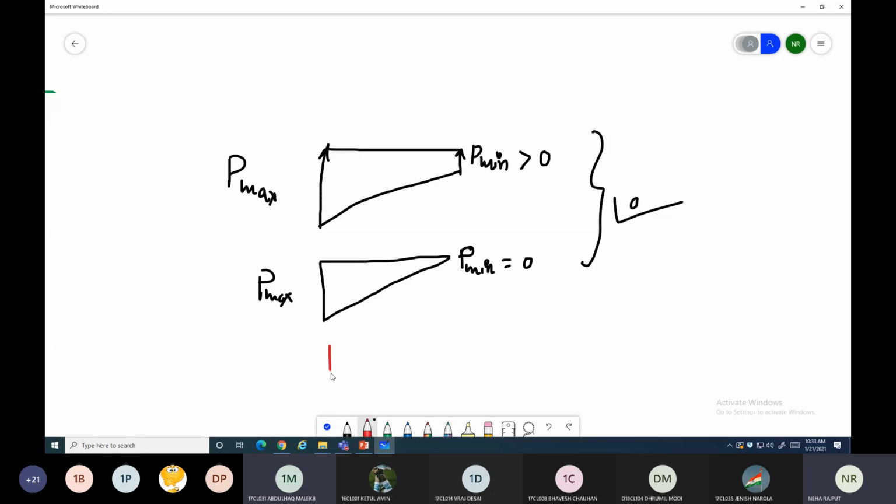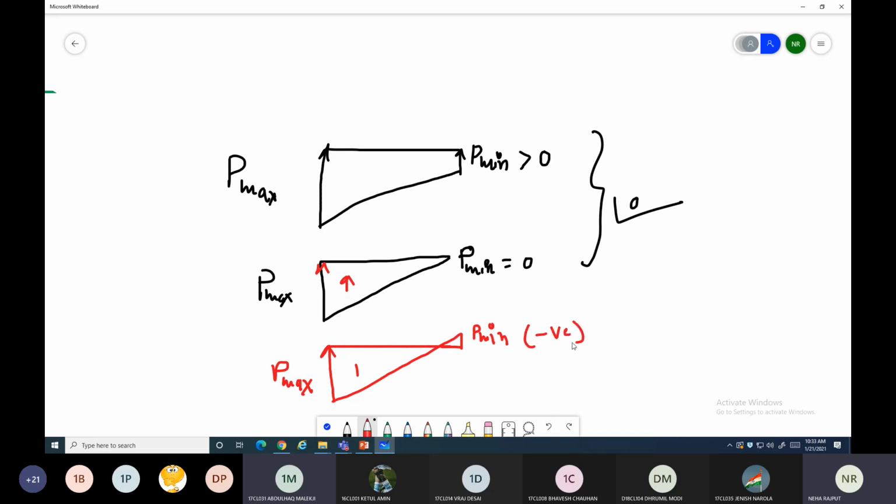But the third case is where the P maximum value is there but the P minimum value is negative, because this will give a positive and negative kind of diagram. So this is P maximum, but the P minimum value is negative, so that will cross your line. So this P minimum value is negative.